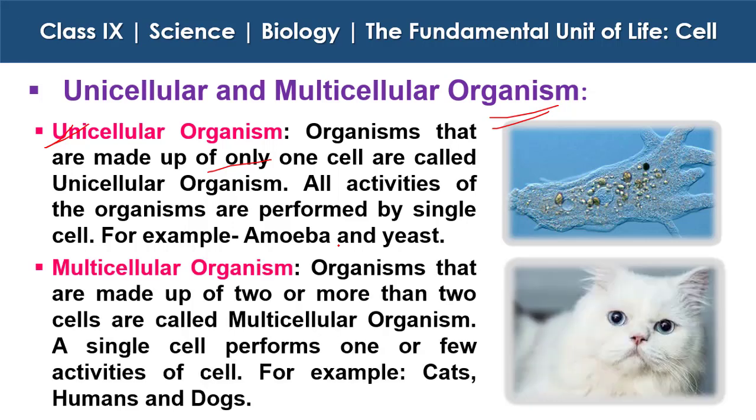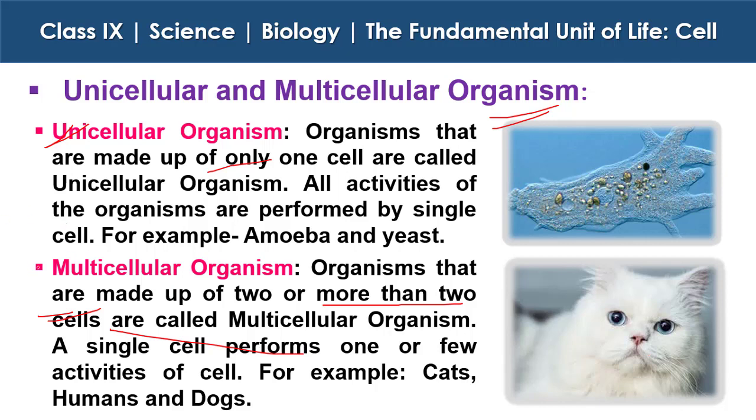Next is multicellular organisms. Organisms that are made up of two or more than two cells are called multicellular organisms. A single cell performs one or a few activities of the cell.